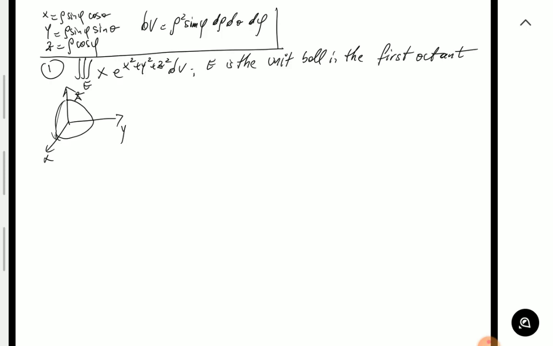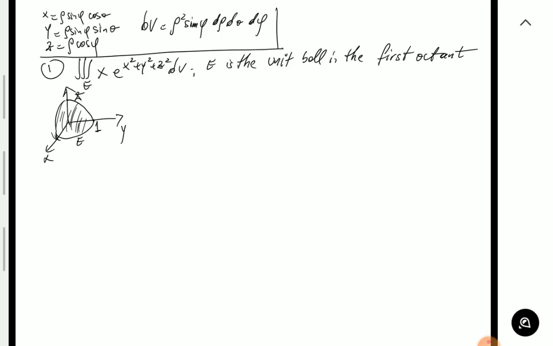Again, once you visualize the object and you can figure out the bounds quickly, then you don't have to sketch too much. So, because this is a portion of a sphere, the solid in question, and because the function also contains this x squared plus y squared plus z squared, these are strong clues that spherical coordinates are the way to go. And let's say, first of all, carefully what the domain is in spherical coordinates.